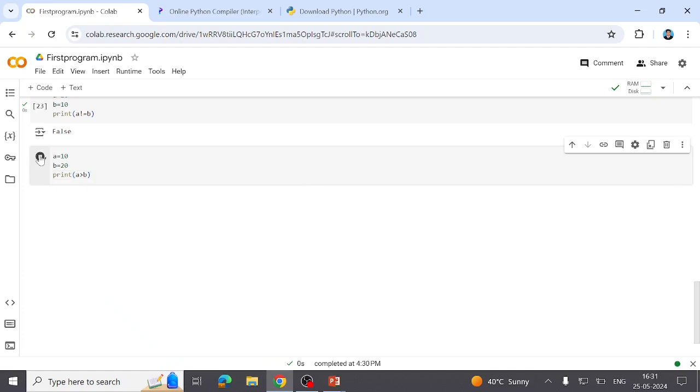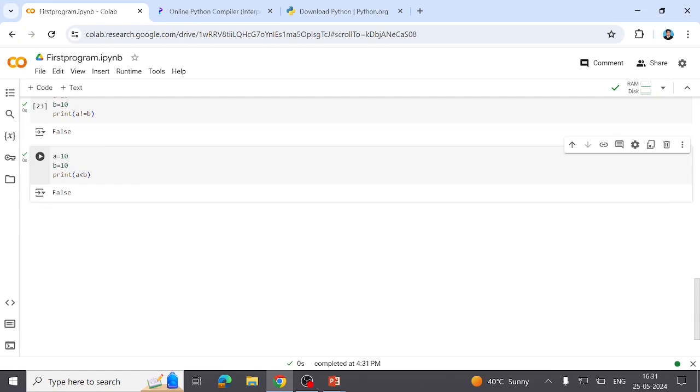False. But if we check less than, then we can see a is less than b. Yes, true. If we want to check less than or equal to, suppose I check the value of a is 10 and b is 10, and a is less than b? No, not less than, it means equal.